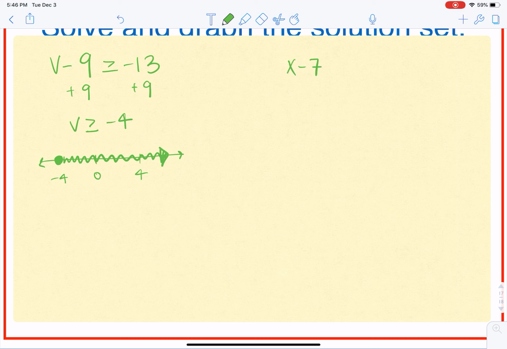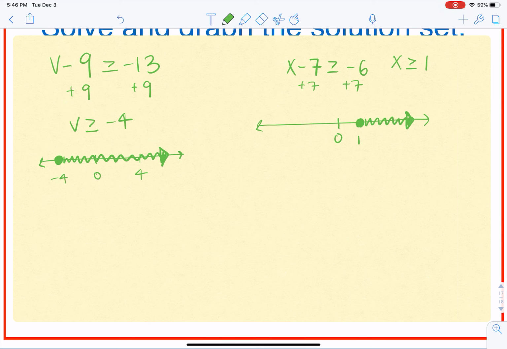We'll do one more together. I have x minus 7 is greater than or equal to negative 6. I'll sketch in my number line, but before I do, I'll add 7 to both sides, and I end up getting that x is greater than or equal to 1. So here's 0, here's 1. I have a closed circle, and all of my values that are greater than or equal to 1.